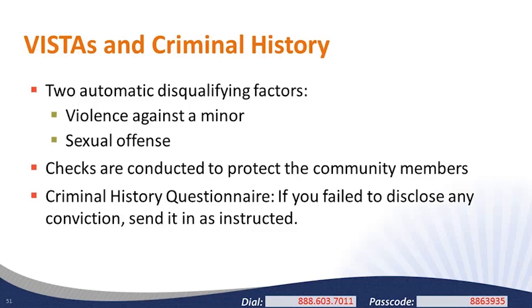If you failed to disclose any conviction, even though you thought it would be expunged, in your application, then fill out the criminal history questionnaire that's included with the fingerprint cards and send it in as instructed.